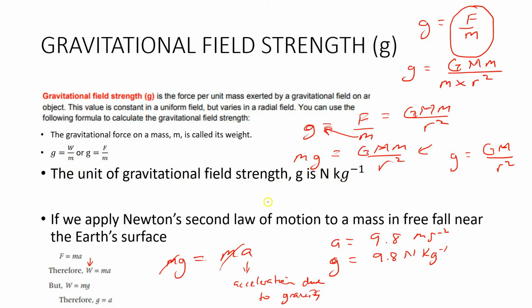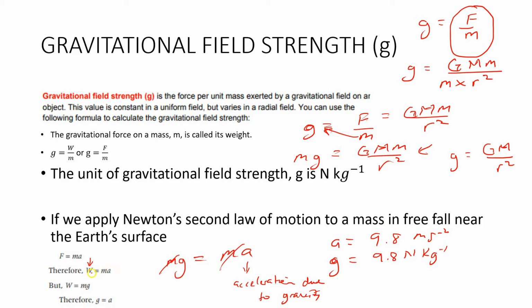All right? Now, whenever an object is accelerating towards the Earth's surface, we can consider Newton's second law, right? And if that object is moving in a free fall manner towards the Earth's surface, then our force is equal to mass times acceleration. If I can recall that the gravitational force is equal to the weight, then I can equate both things to say that the weight is equal to mass times acceleration. All right?